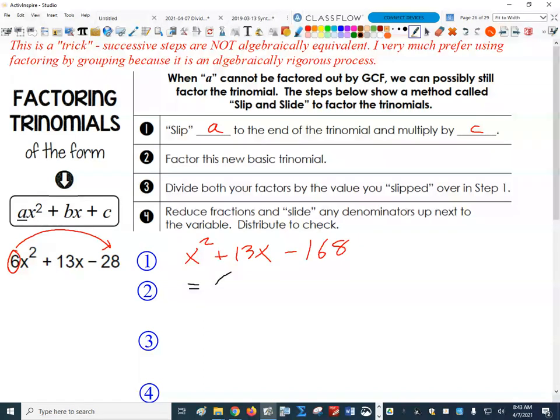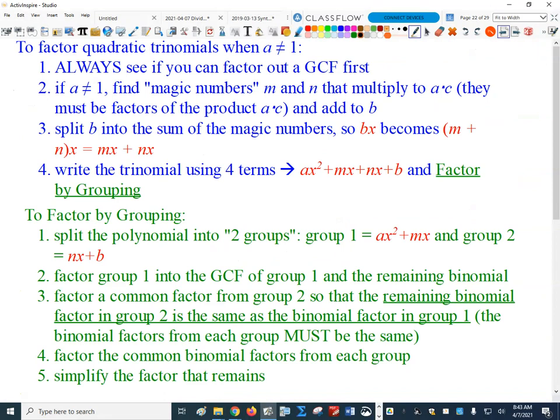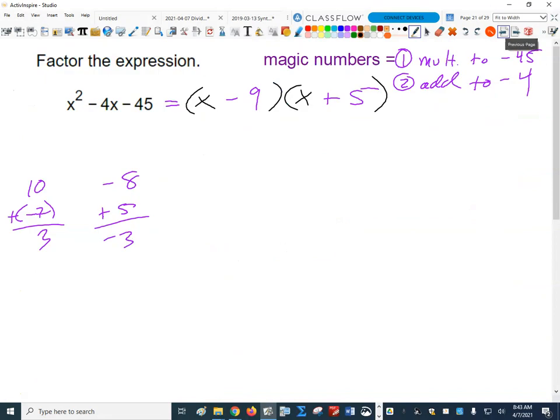This is going to equal, we know we're going to have x's here and here, right? Okay, so now we've got to see if we can find magic numbers. If we can't find magic numbers, by the way, in either this example or these previous examples that we looked at, it doesn't factor, right? Then it just doesn't conveniently factor and we can't do it.